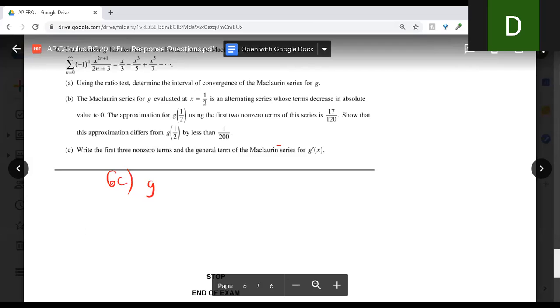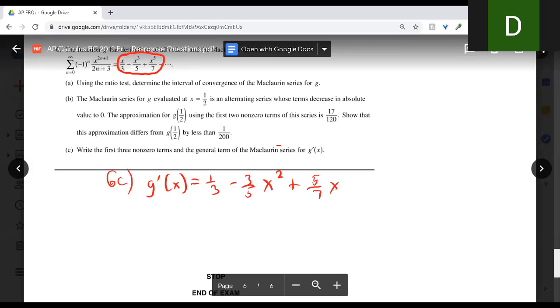Okay, so we have the formula up here. I'm going to focus on the first 3 terms, and I'm going to take the derivative. For the derivative of the first term, it's just 1/3. And then for the next one, I bring the 3 to the front and subtract 1 from the exponent.